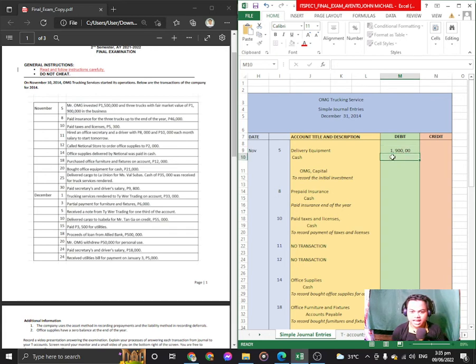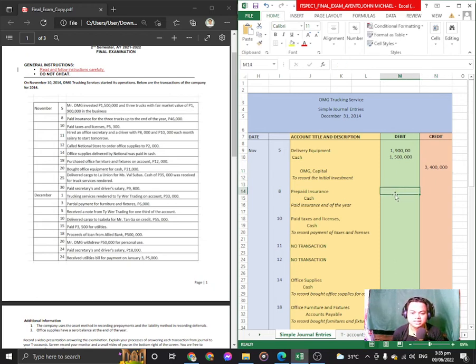And for the cash, he invested 1,500,000 pesos. The total OMG capital he invested, for the credit, is 3,400,000 pesos, to record the initial investment.